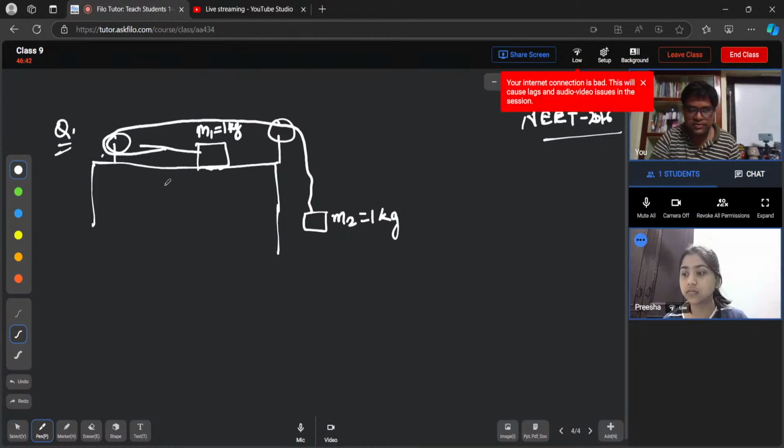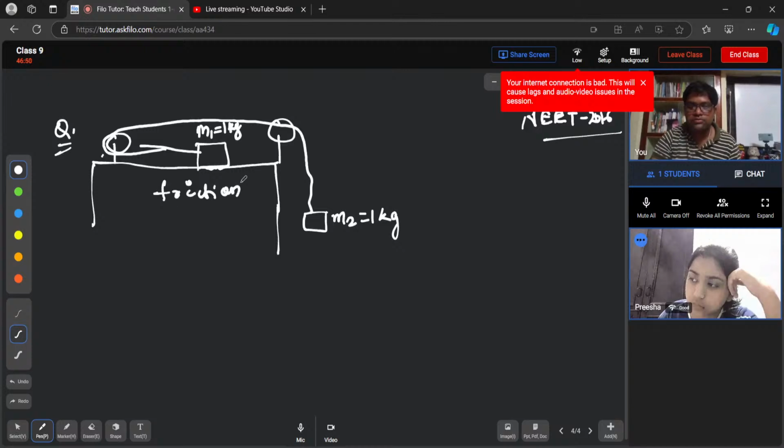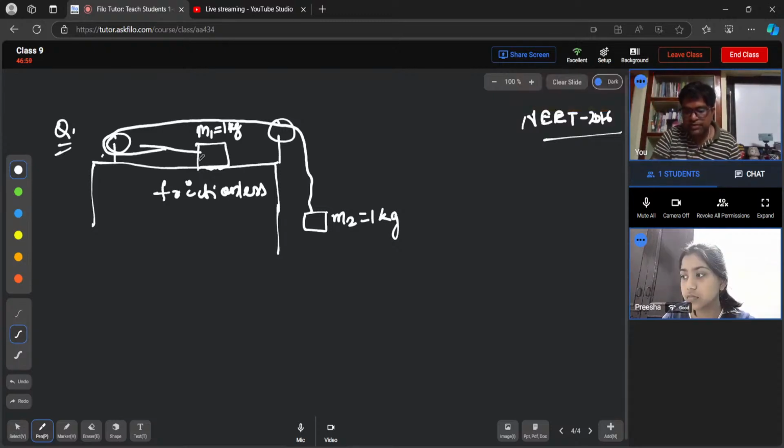All the surfaces are frictionless, so no friction will be included here. The question is: the pulley and the strings are light and all the surfaces are frictionless. Find the tension in the string.